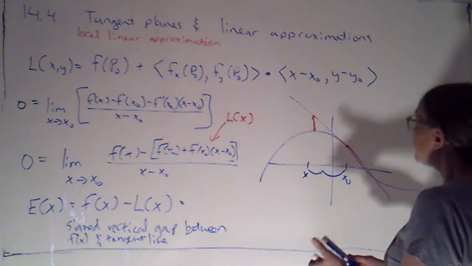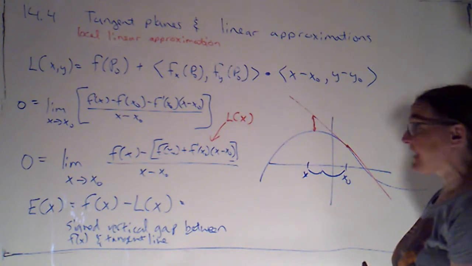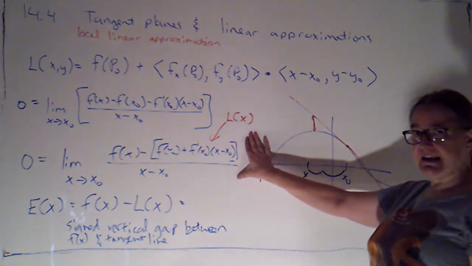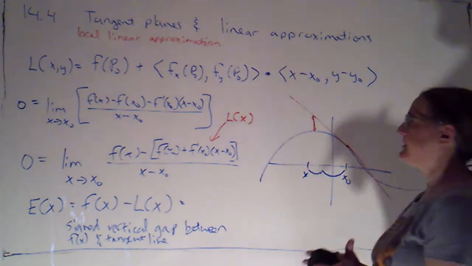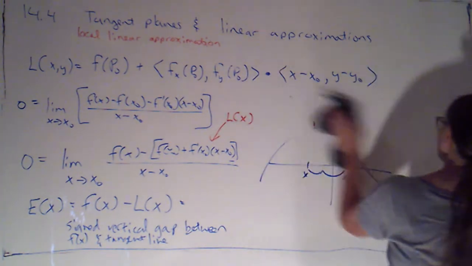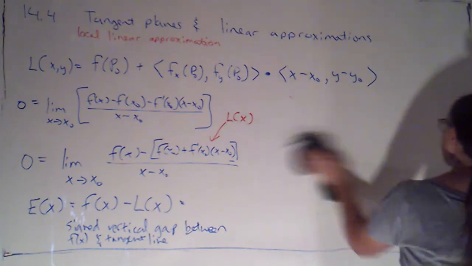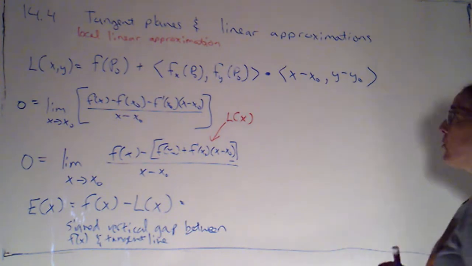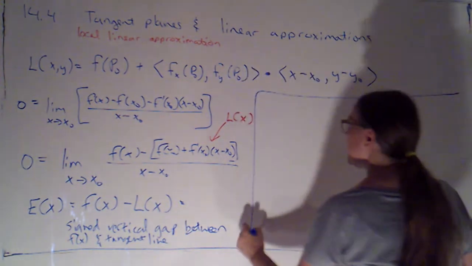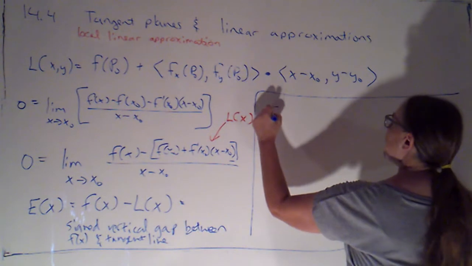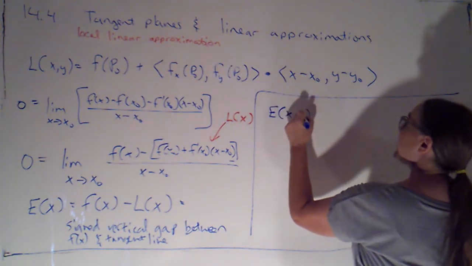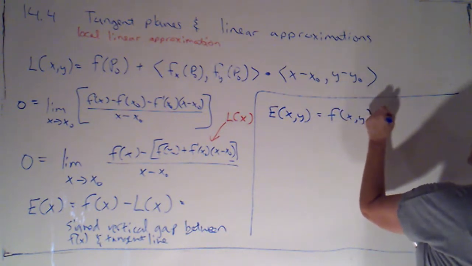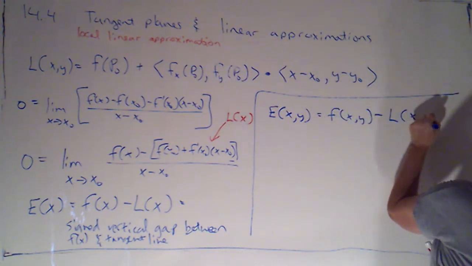Okay, so now I want to go back to looking at a function of two variables and see if we can generalize this. I think we're going to be able to generalize it nicely with one slight modification. For a function of two variables, I'm going to define e of x y to be f of x y minus L of x y.